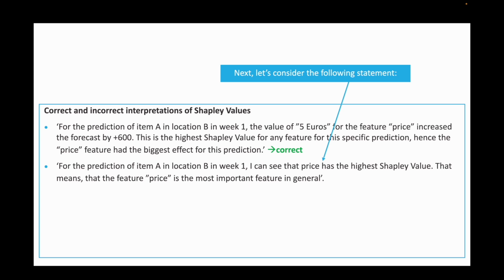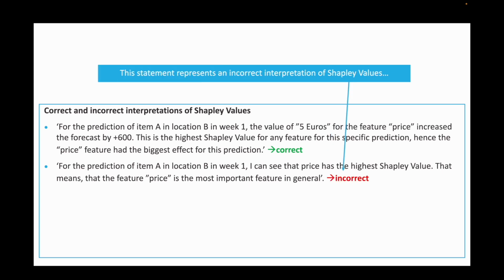Next, let's consider the following statement. For the prediction of item A in location B in week 1, I can see that price has the highest Shapley value. That means that the feature price is the most important feature in general. This statement represents an incorrect interpretation of Shapley values.